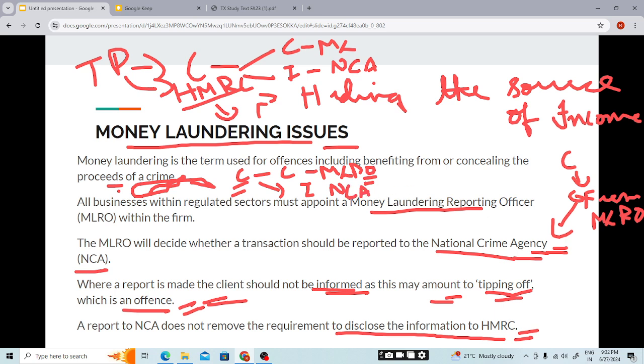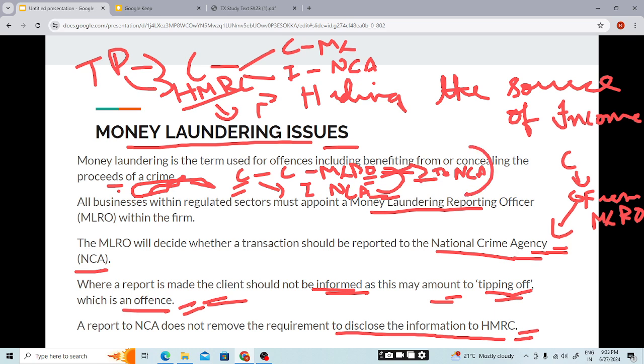After reporting, the money laundering reporting officer will further see whether the transaction needs to be reported to the National Crime Agency. In the case of a company it goes through the officer; in the case of individuals, directly to the NCA.